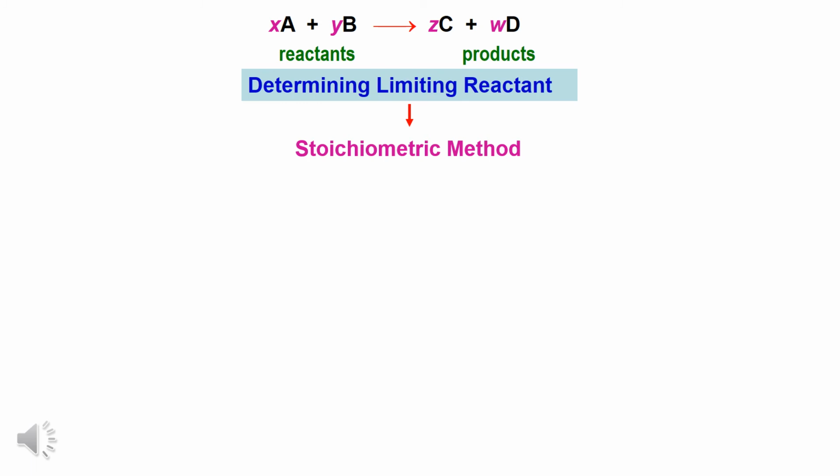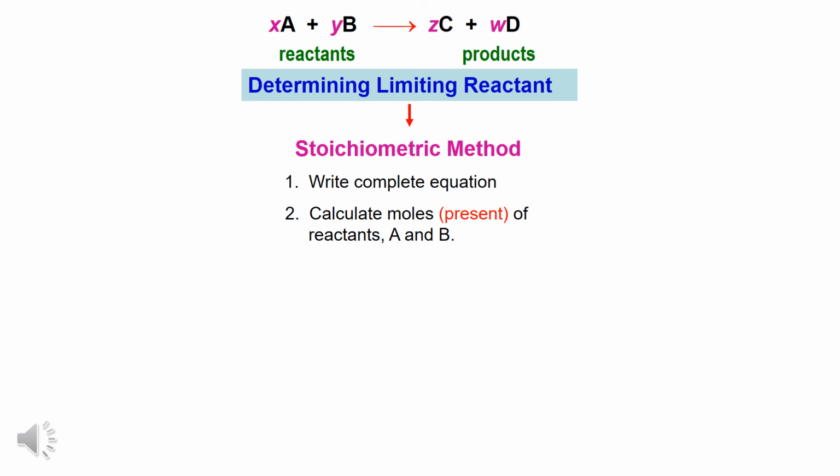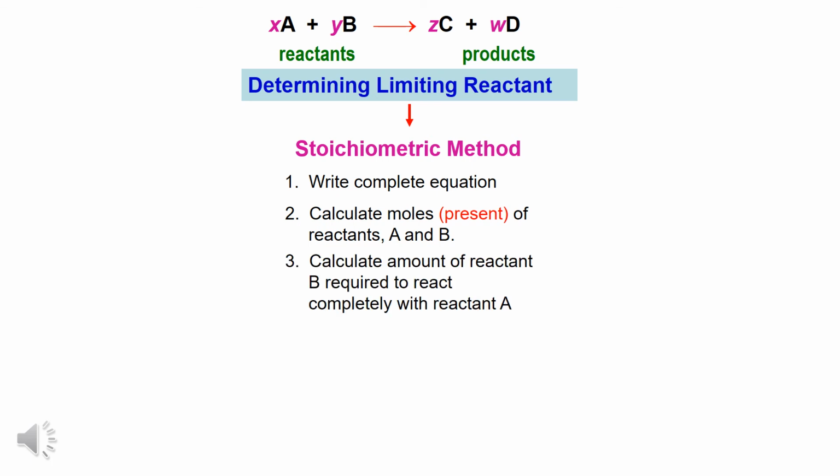Let's study 4 steps to determine limiting reactant. First step, write the complete equation. Second step, calculate mole present of reactants A and B. Third, calculate the amount of reactant B required to react completely with reactant A.